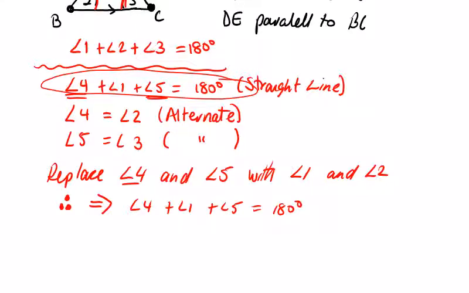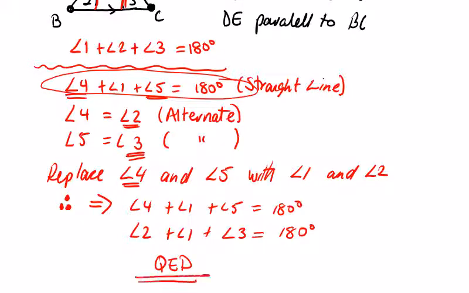Now I'm replacing 4. You told me 4 was equal to 2. So angle 2 plus angle 1, and 5 is equal to 3, plus angle 3 is equal to 180. So that's QED, quod erat demonstrandum. We have proven that the three angles in a triangle add to 180.